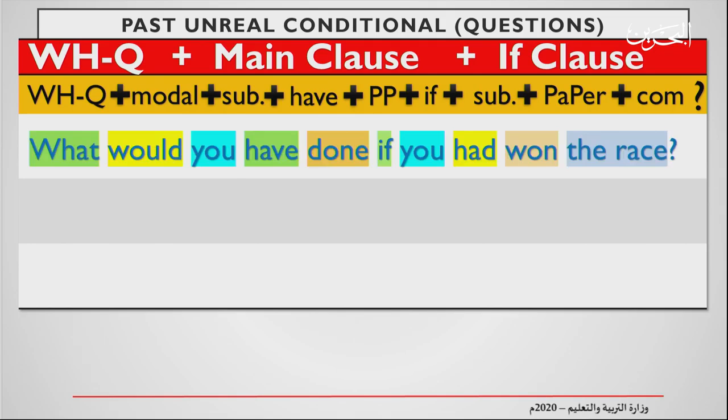Let me show you. You see, WH question word: what; modal: would; subject: you; have stays the same; past participle: done; if; subject: you; past perfect: had won; complement: the race; and the question mark.